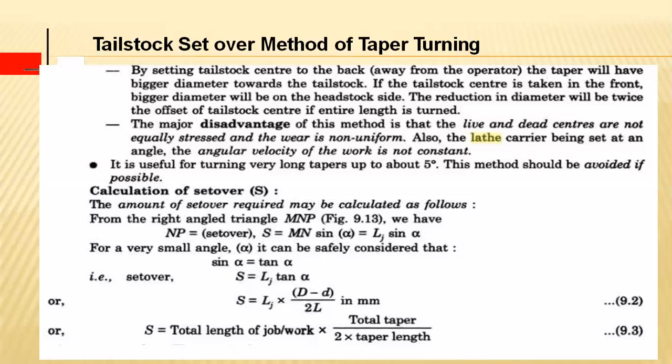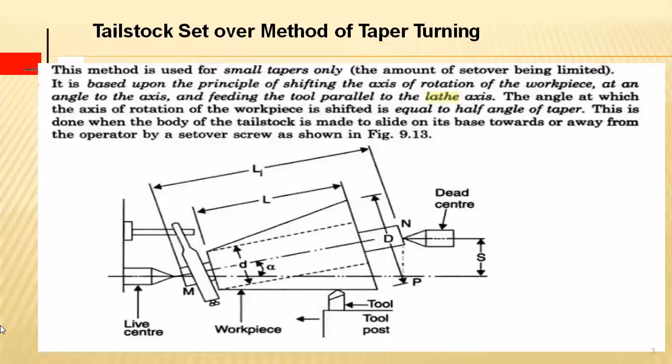That too only on the taper conditions, or nominally we say only to a particular length, as displayed in the diagram, a particular length that is set from the dead center to the live center. Live center is nothing but the tailstock, which has been changed from the normal position.